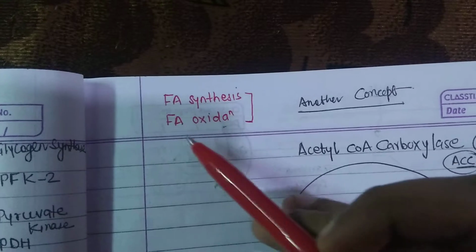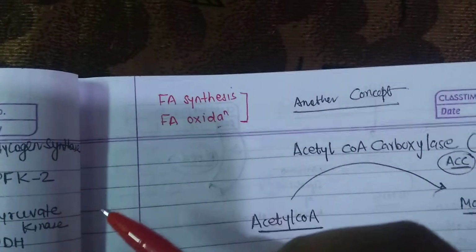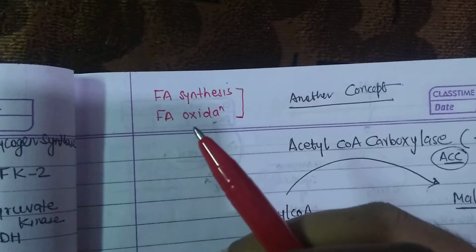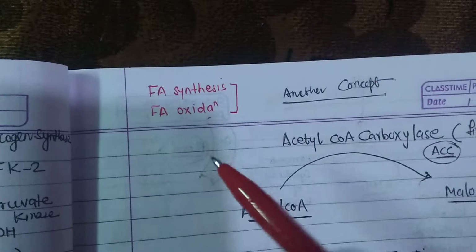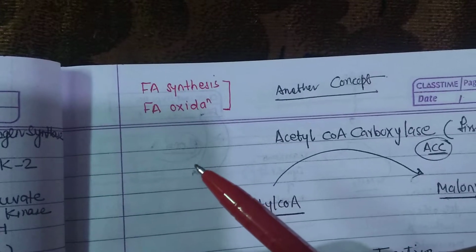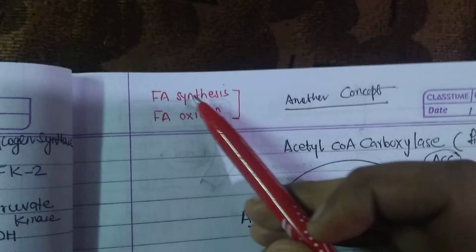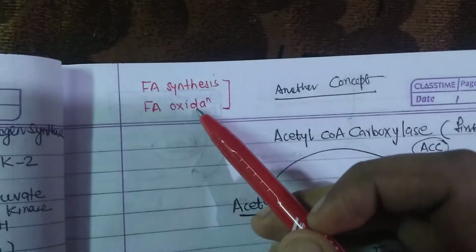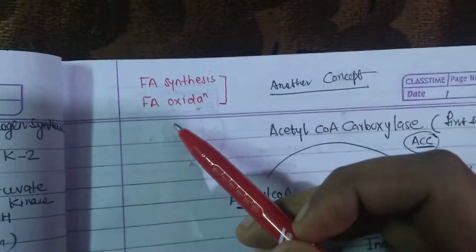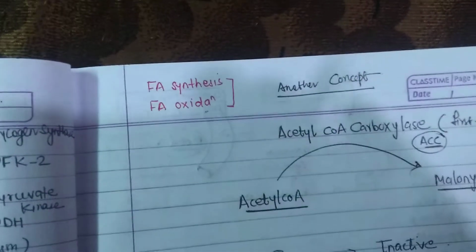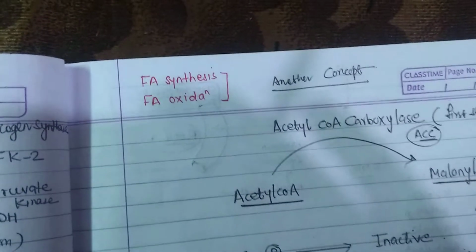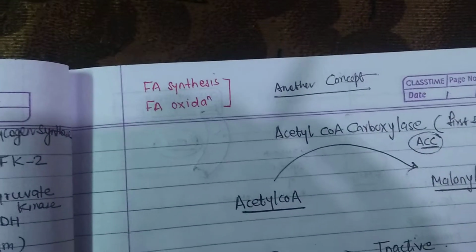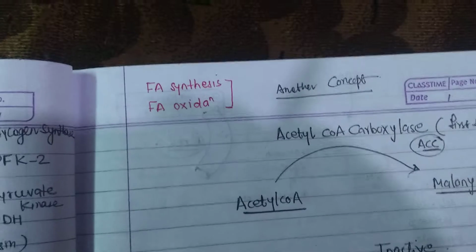You can correlate these two processes with gluconeogenesis and glycolysis, because glycolysis was used to produce ATP, whereas gluconeogenesis consumes ATP. Similarly, fatty acid synthesis consumes ATP and fatty acid oxidation produces ATP because it breaks down the fatty acid to produce energy. In one process, fatty acid oxidation, fatty acids are broken down to produce energy, and in the other process fatty acids are synthesized.